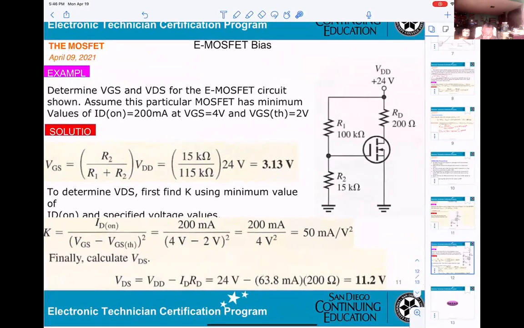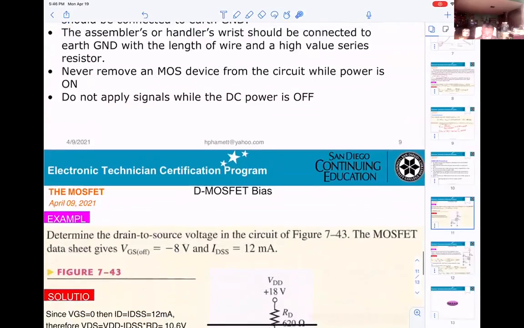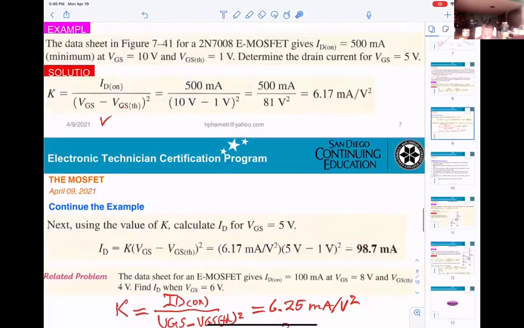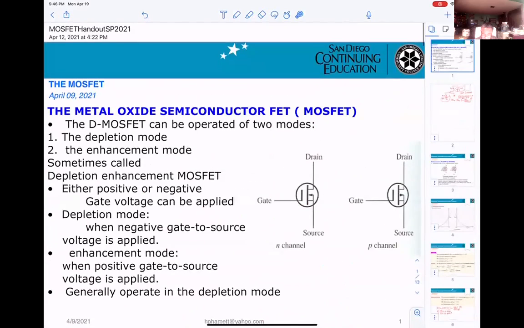Okay? So that is the one we'll be asking you today on the quiz. Any question on the MOSFET here? No?